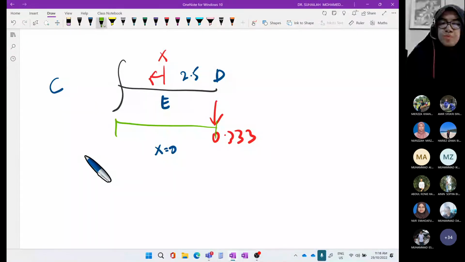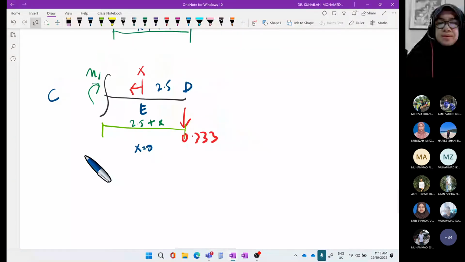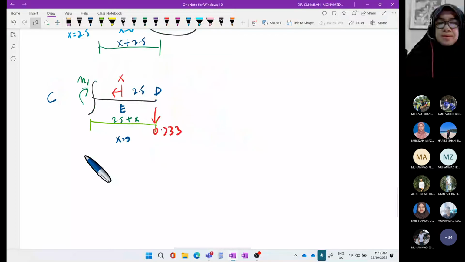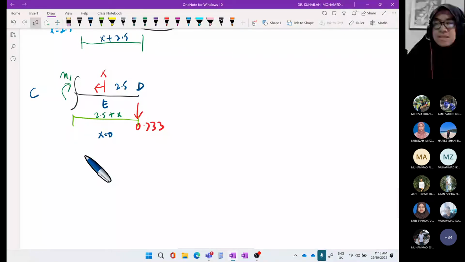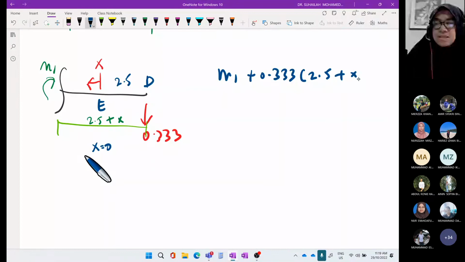This is moment M1. So it is M1 plus 0.333 times 2.5 plus X equal to 0.